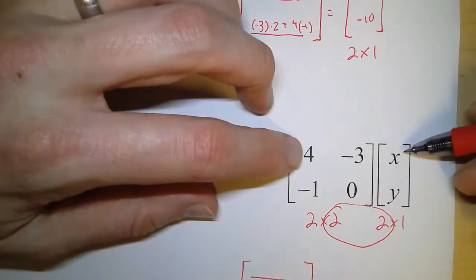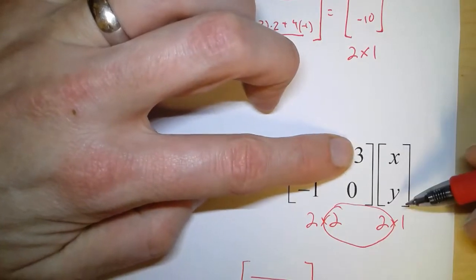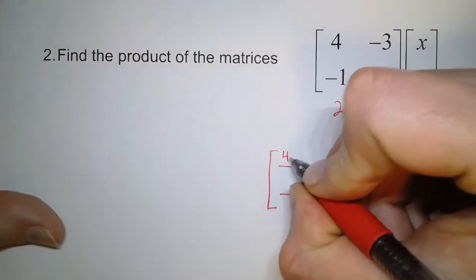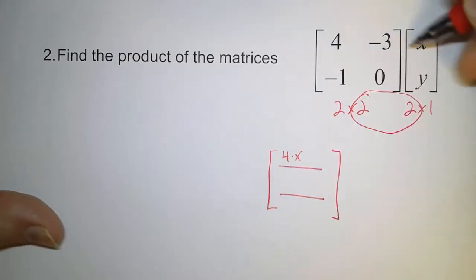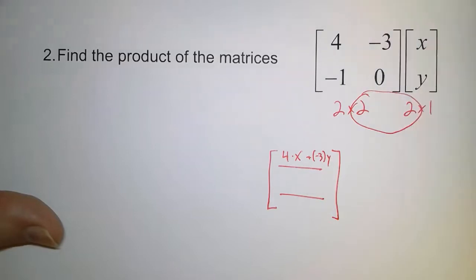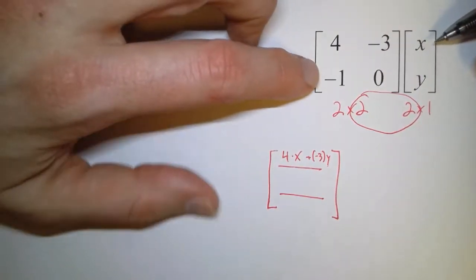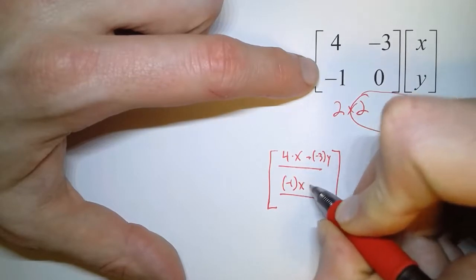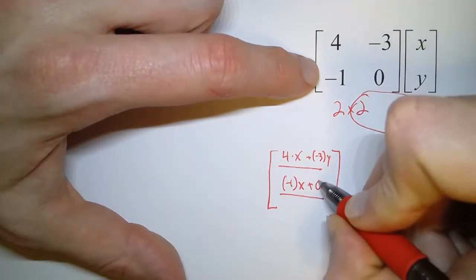So I multiply across the row and down the column. So I have 4 times x plus -3 times y. On the second row, I have -1 times x plus 0 times y.